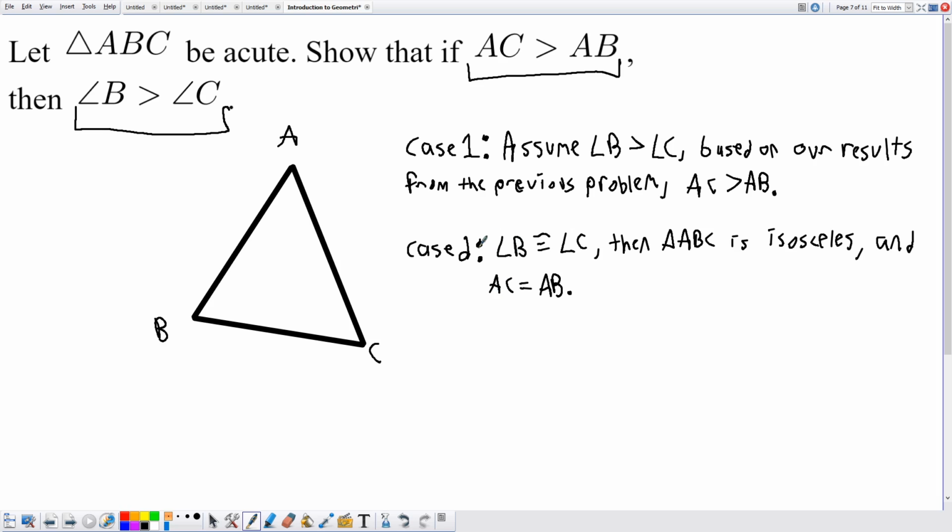So that's the situation that would happen if the angles were the same. But we said that AC had to be greater than AB, therefore case 2 cannot be a possible scenario for the proof, basically.